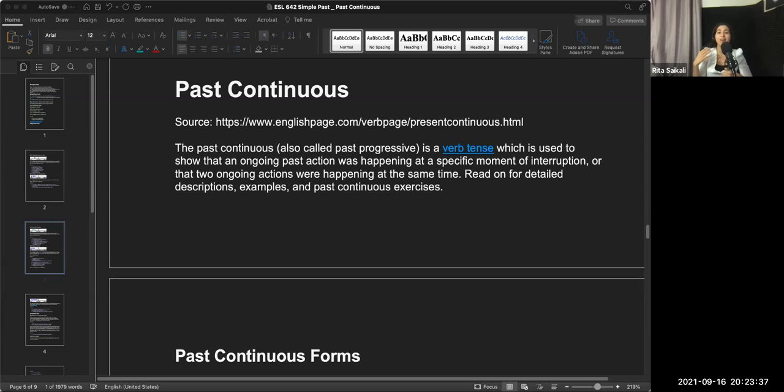Okay. So again, we're talking about past continuous, and past continuous is almost the same as present continuous. It's also known as past progressive, by the way, but it's almost the same, except that the action stopped because of something else. So for example, I was walking to class when I saw Tommy and I said hi.